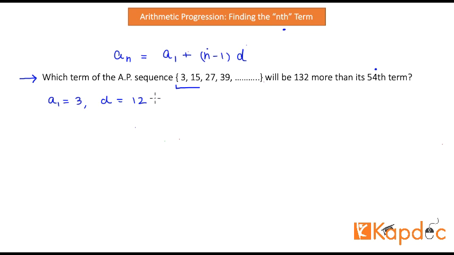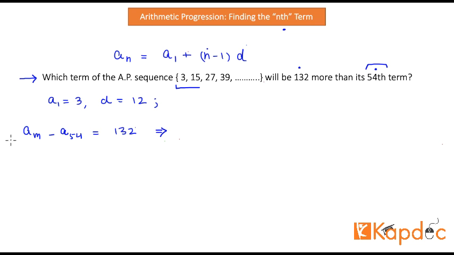So you know this value now. Now, what is my mth term? am, it will be denoted that way. By this statement, I'm saying that when you subtract the 54th term from the mth term, it will be equal to 132. That's what this sentence is telling us.